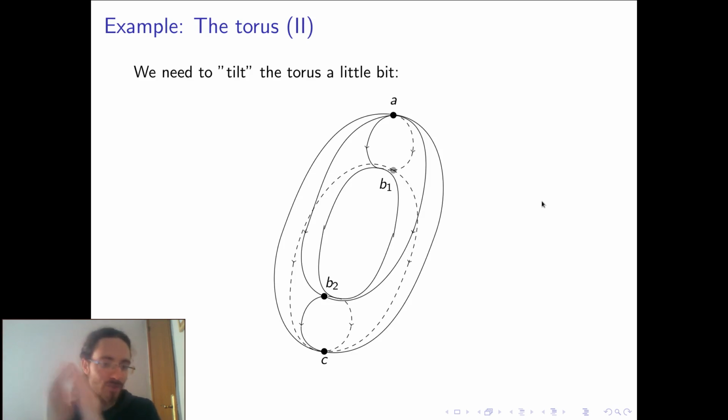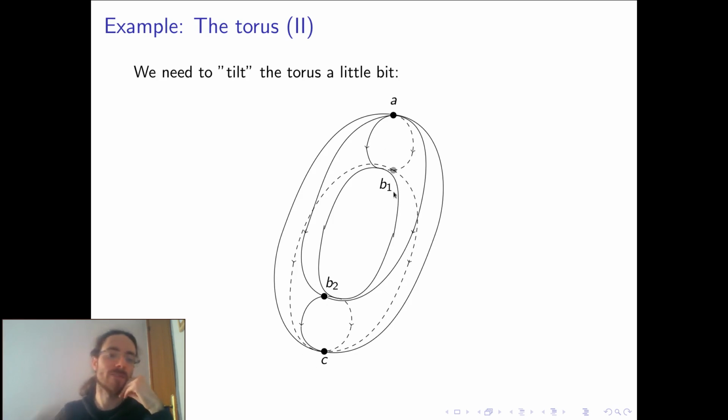Instead of choosing a different Riemannian metric or choosing an equivalent vector field, just change a little bit your function. If you tilt the torus in this small way, you will find this dynamic. Perhaps this drawing is a little bit confusing, but the idea is that this point is behind the picture, and the trajectories are clearly drawn here.